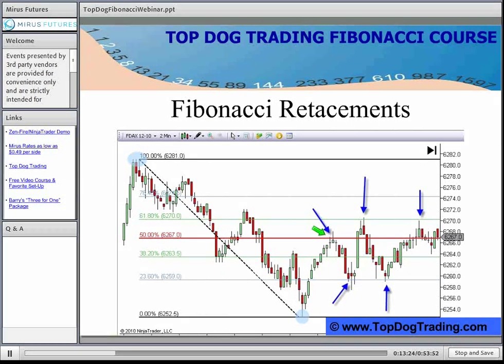So this is just a little foreshadowing, to raise the issue, and let me put that in the way of a question. How would you know that the 23.6 level is not going to provide resistance, where the 38.2 is not going to stop the market, but the market wouldn't stop until it reached 50%? How would you know that?